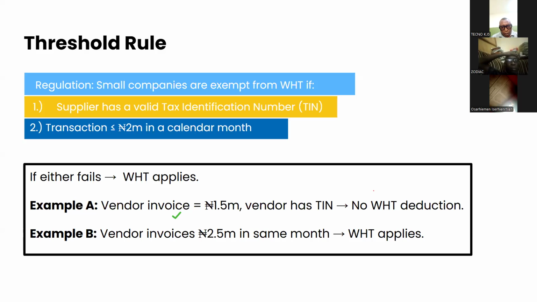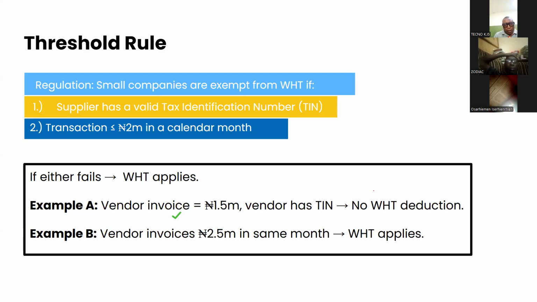Please, can I have a question? Yes, go ahead. Good afternoon. Well done. If I have, let's say, 5 invoices to pay a supplier, gathered over 30 days, and we decide to pay, does it mean I have to add all the invoices together?